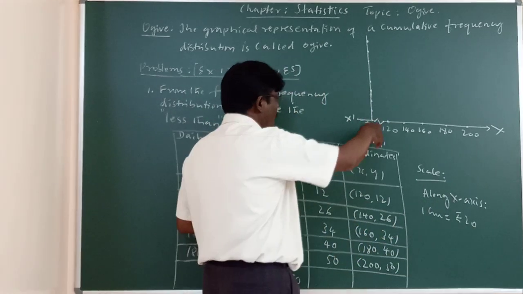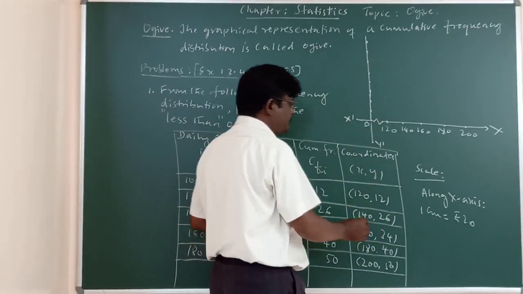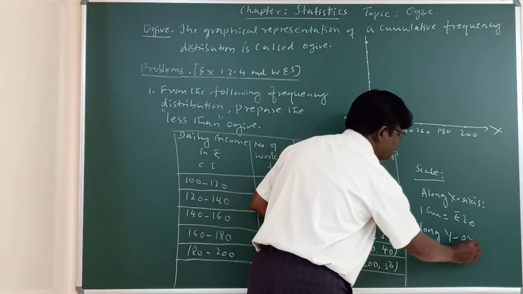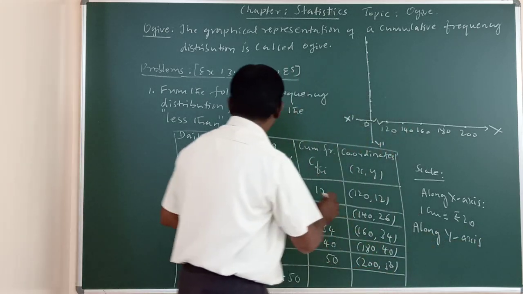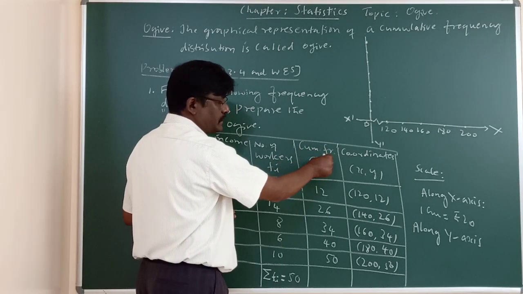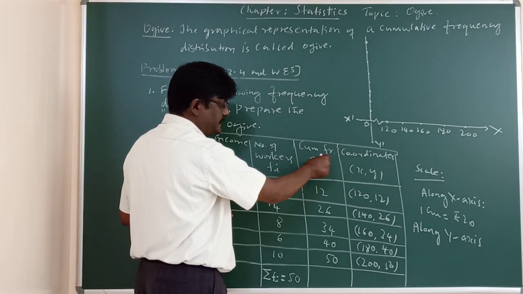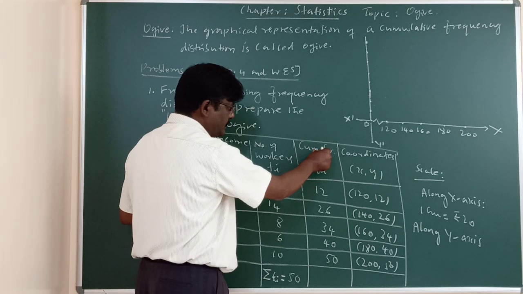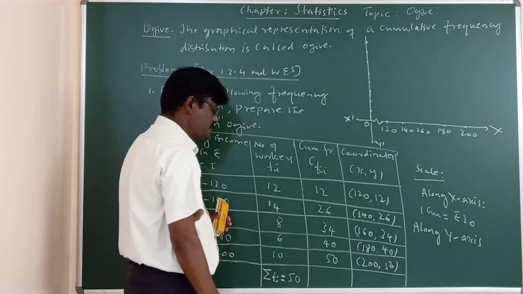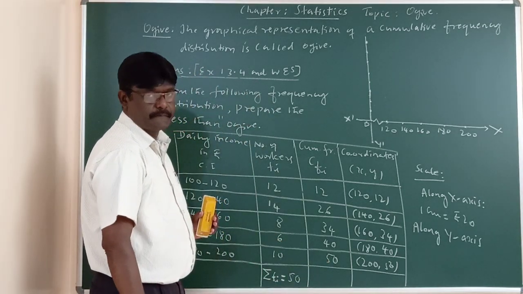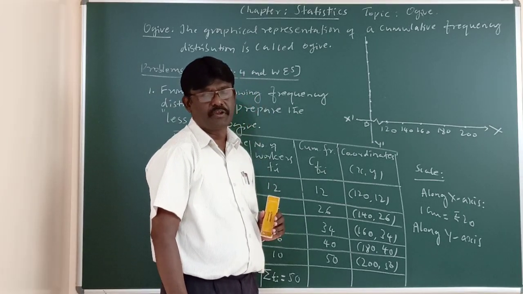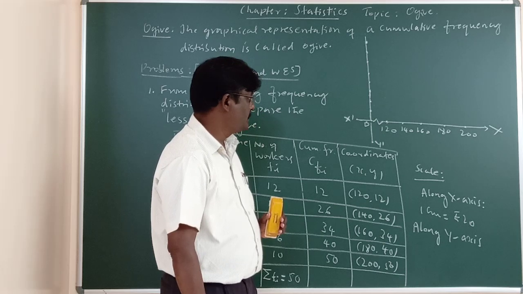Next, along y-axis, number of workers. Since here we are plotting the cumulative frequency graph, we have to take cumulative frequencies only. Now here you see the highest value of cumulative frequencies is 50. Hence we have to select a suitable scale. What would be suitable?